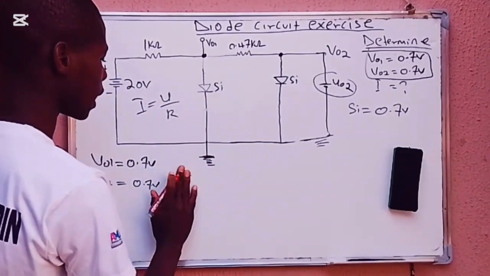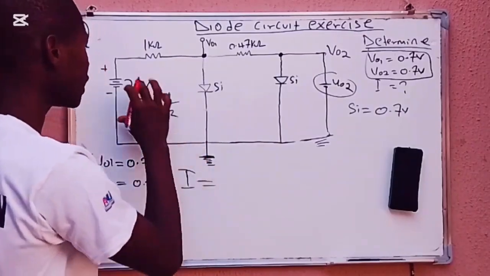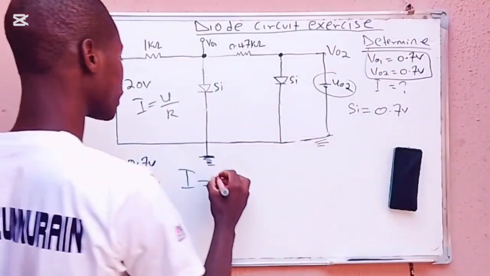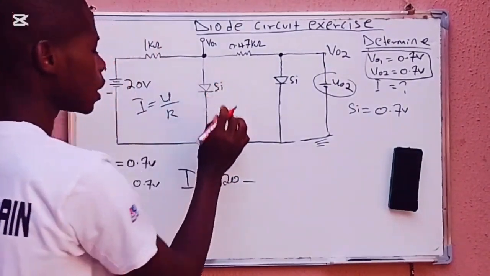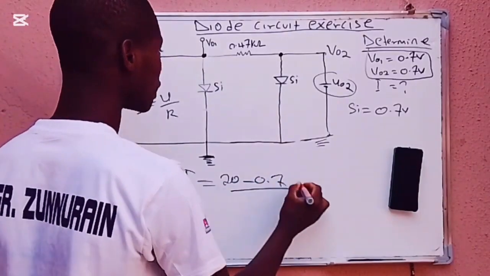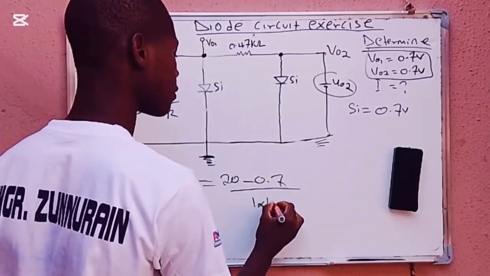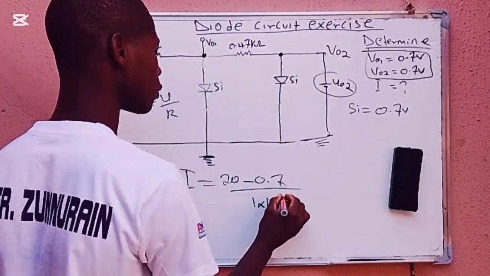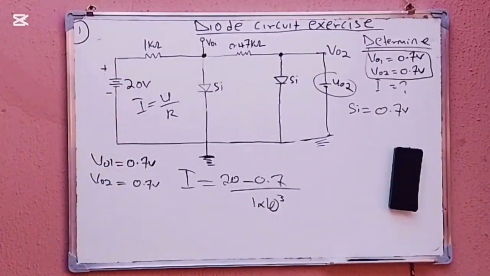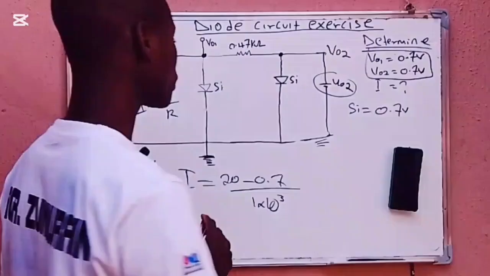We have 2 voltages. So 20 minus this 0.7, divided by 1 times 10 to the power of 3, which is 1 kilo ohm. So we use Ohm's law.